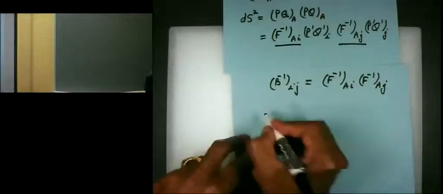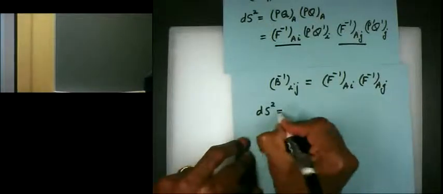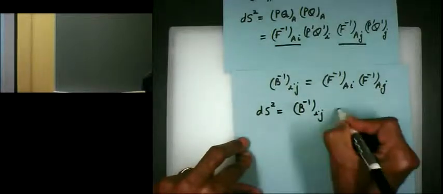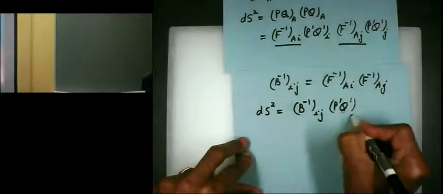So if we define B inverse ij as F inverse Ai, F inverse Aj, then we have ds square is B inverse ij P prime Q prime i, P prime Q prime j.